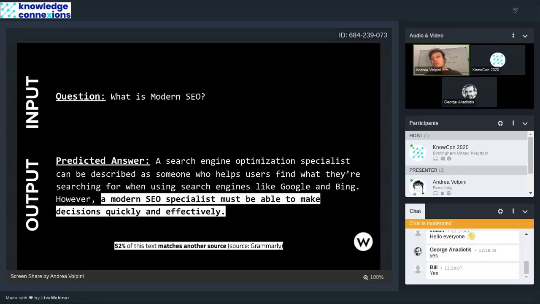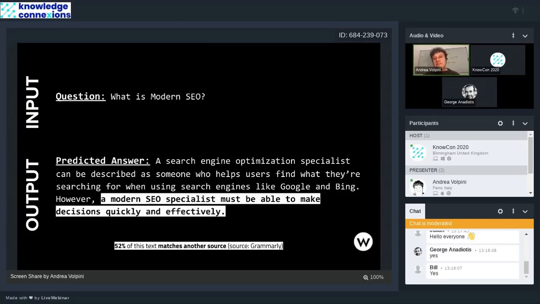Now, as you can see here, the text is a little bit more plagiarized than the previous one, but I really like it a lot, because it makes a long sentence for introducing search engine optimization, and then it kicks in with the definition of modern SEO, which is specifically defined as a skill that a marketer has when they can make decisions quickly and effectively.